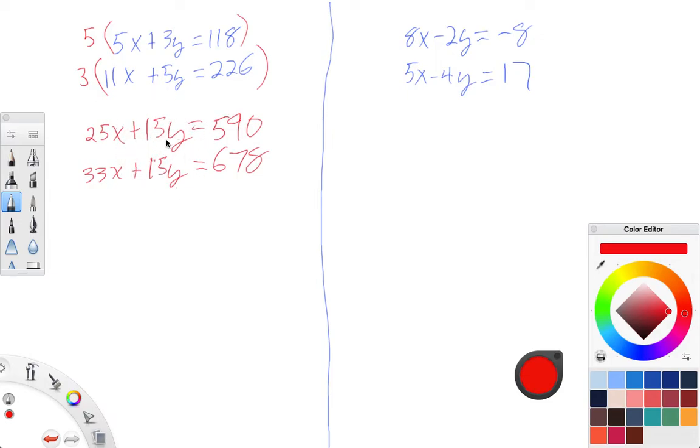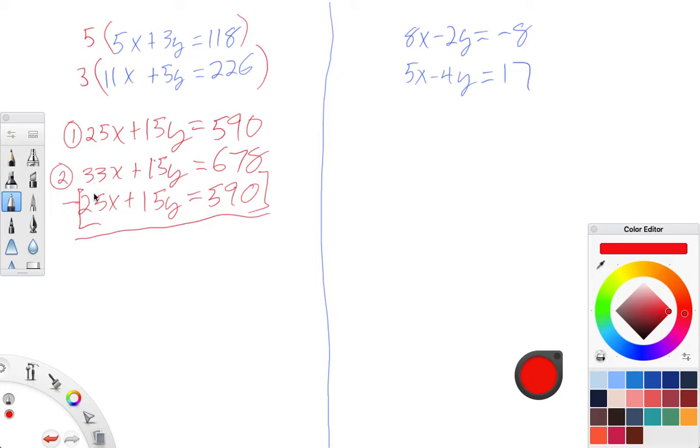Okay, so now I could subtract this one from this one, and again, it doesn't really matter. My answer will come out the same, but I prefer to work with positive numbers more. So we'll call that equation 1 and that equation 2. I'm going to subtract equation 1 from equation 2. So minus 25x plus 15y equals 590.